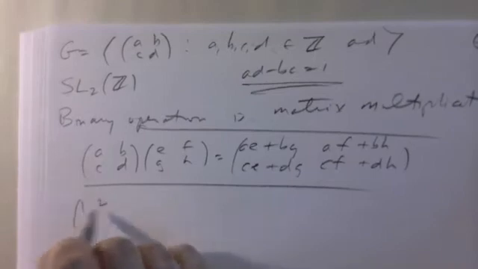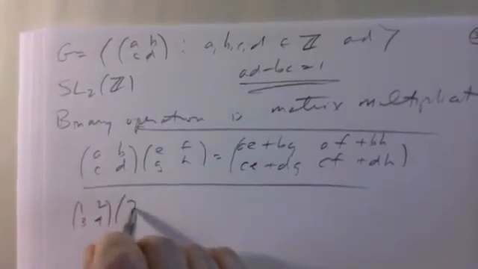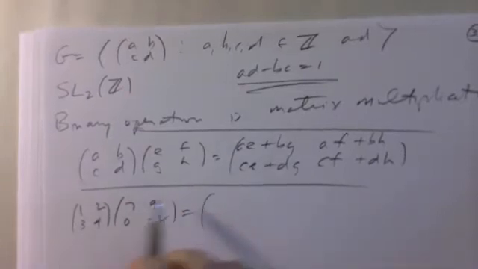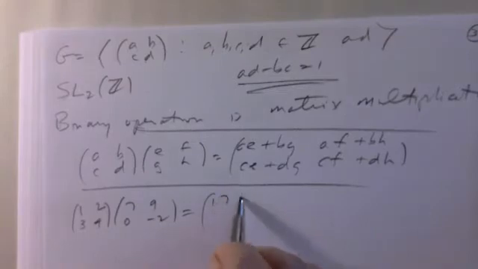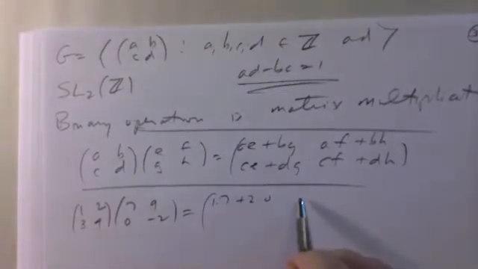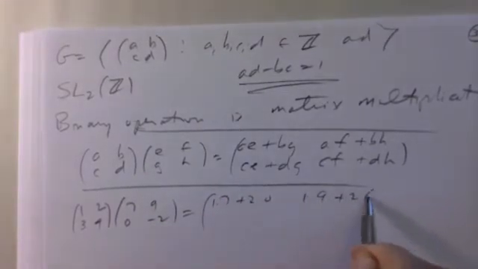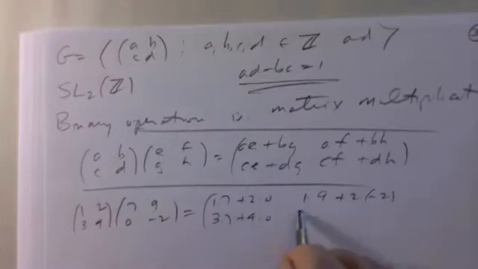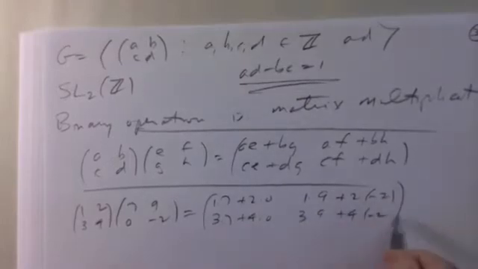If you have the matrix 1, 2, 3, 4 times the matrix 7, 9, 0, minus 2, what do you get? You get 1 times 7 plus 2 times 0, 1 times 9 plus 2 times minus 2, 3 times 7 plus 4 times 0, 3 times 9 plus 4 times minus 2.